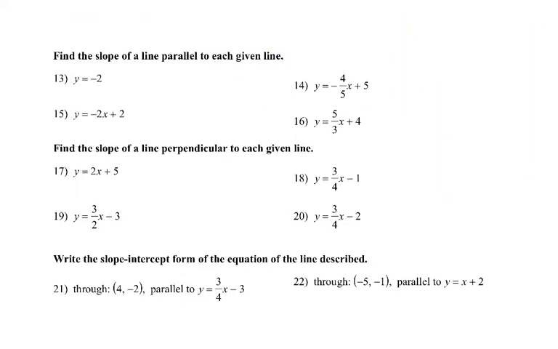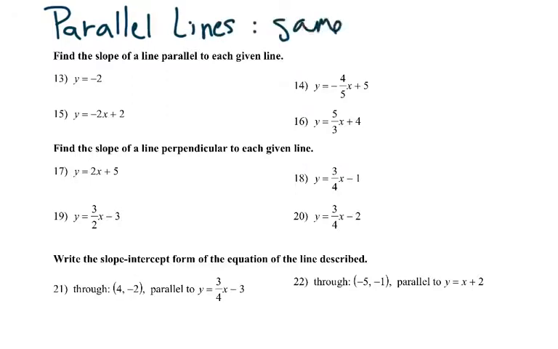Now, for 13, 14, 15, and 16, we need to remember one thing, that parallel lines have the same slope. We also need to remember the slope-intercept form is y equals mx plus b. So the number with the x is our slope.